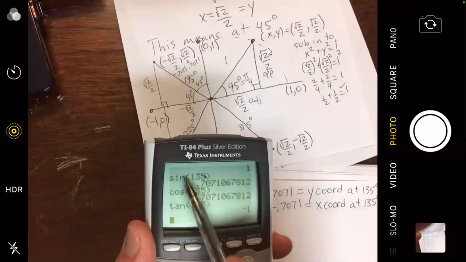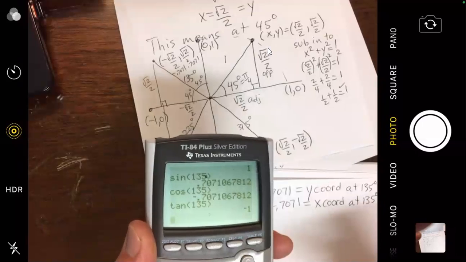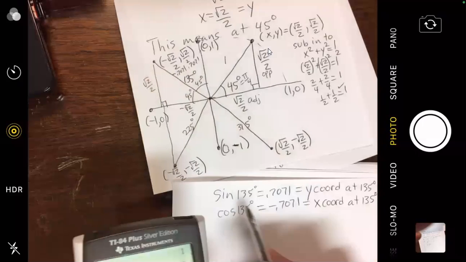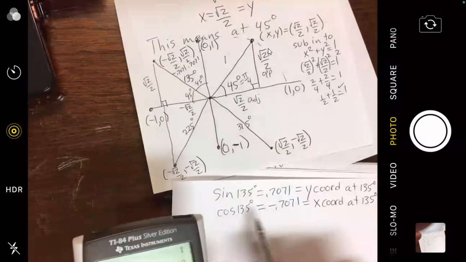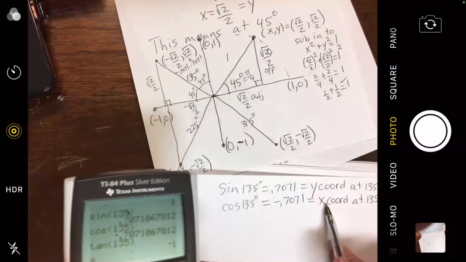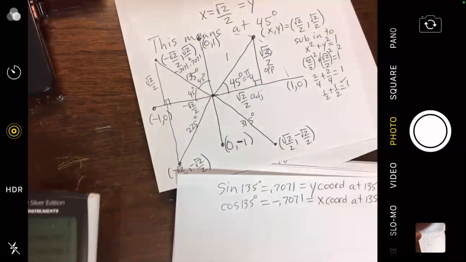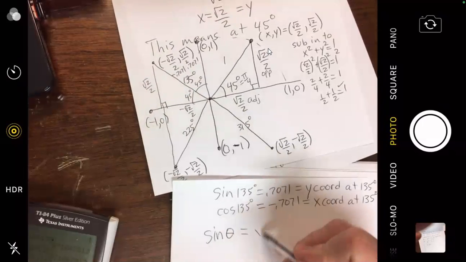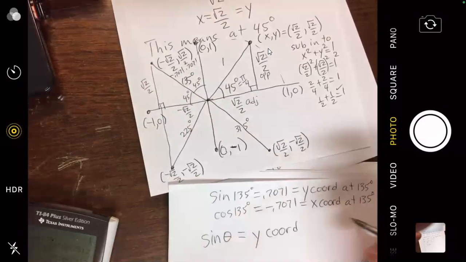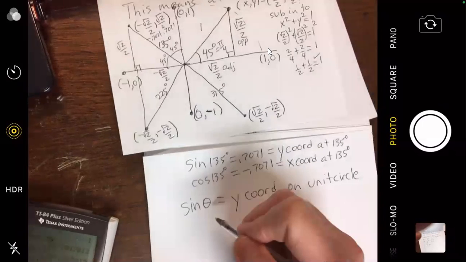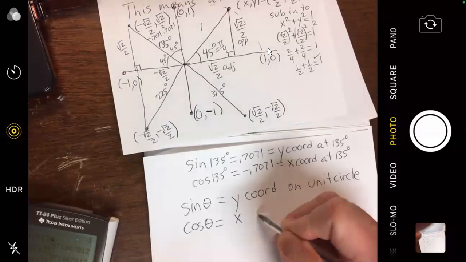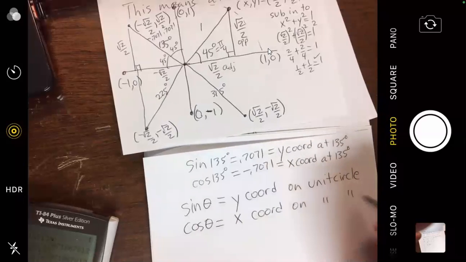Y over x, sine over cosine. That's one of our first basic formulas. A tangent is always sine divided by cosine. Sine is your direct y coordinate, cosine is your direct x coordinate. Always. Sine of an angle equals the y coordinate on the unit circle. Cosine of an angle equals the direct x coordinate on the unit circle.